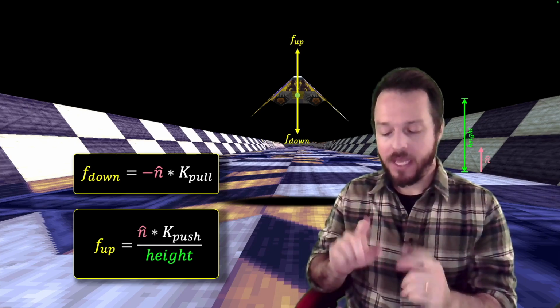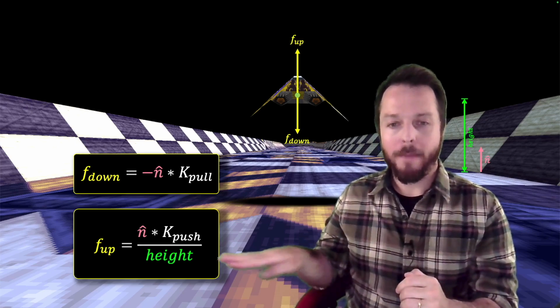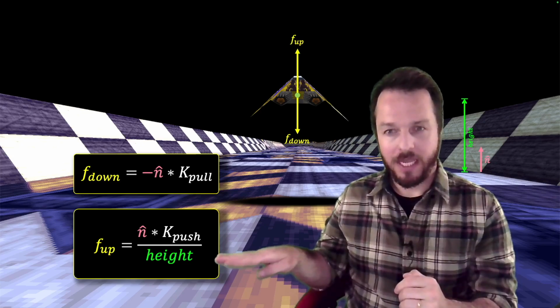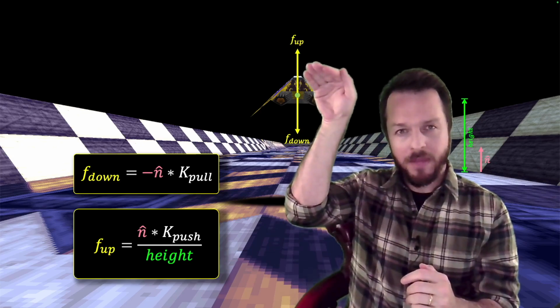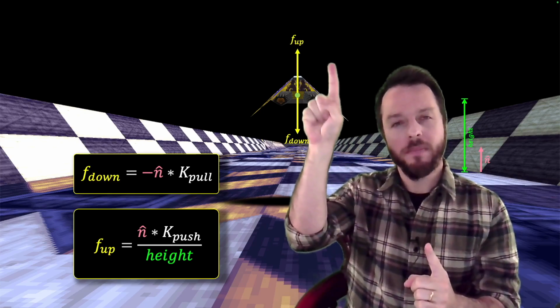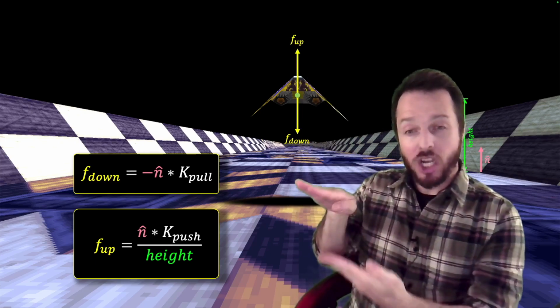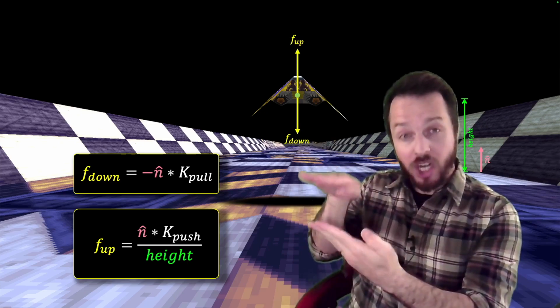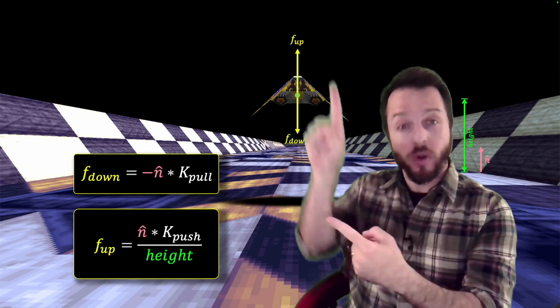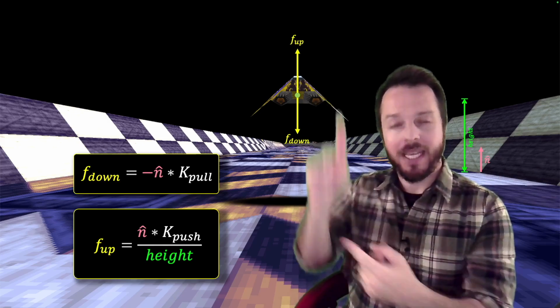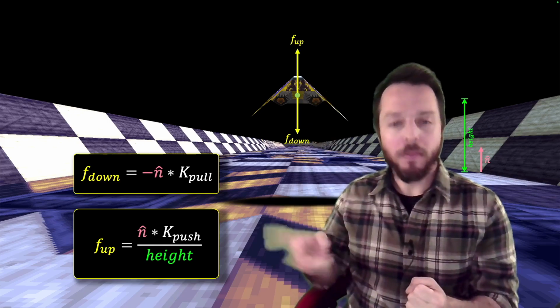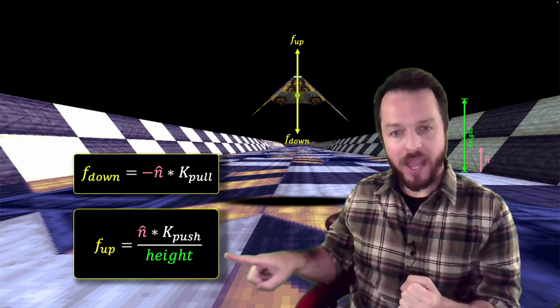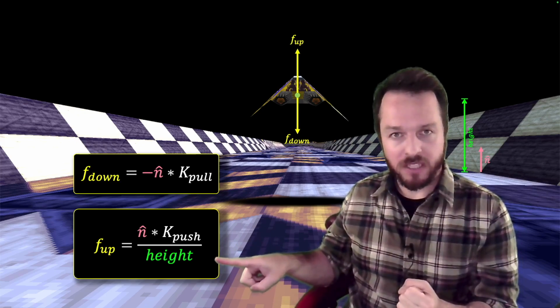Do you agree that if I am at a bigger height, the higher I am, the less I have to push up, and the closer I am, so the shorter the height, the more I have to repel and push up? This is an inversely proportional relationship. That is why we have the height in the denominator of this fraction.